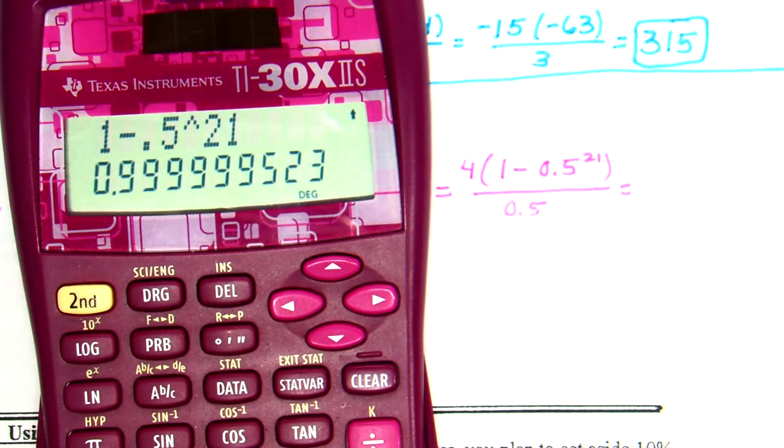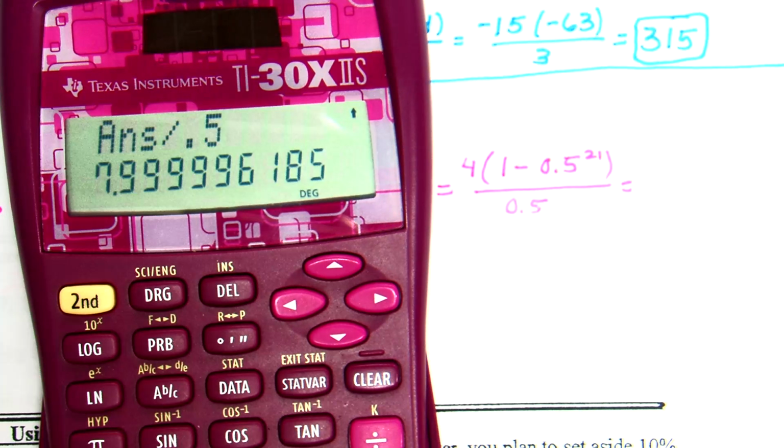Not necessarily. My recommendation is leave this on the calculator and do what next? Multiply by 4, so I'm just going to hit times 4. Okay, then what? Divide by a half, right? So divide by 0.5. Now, all that time later, what do we know?